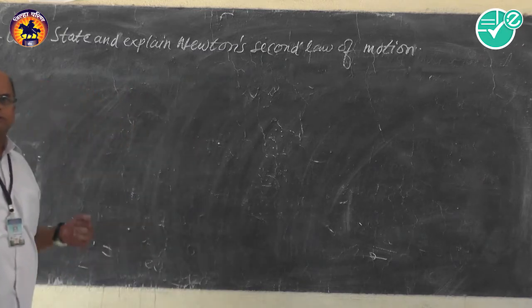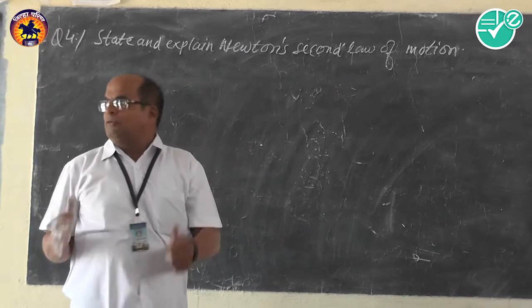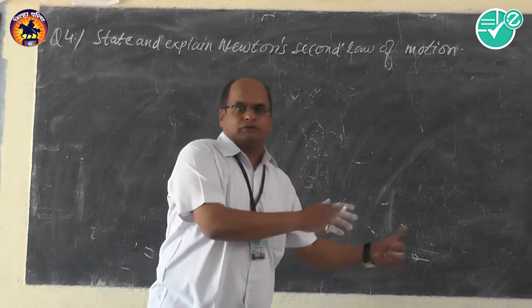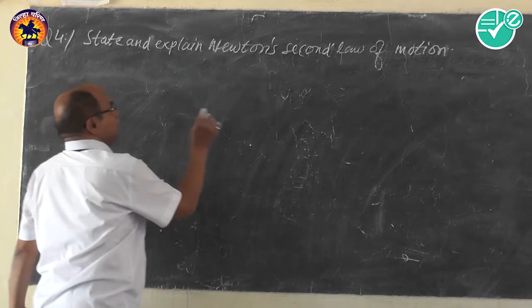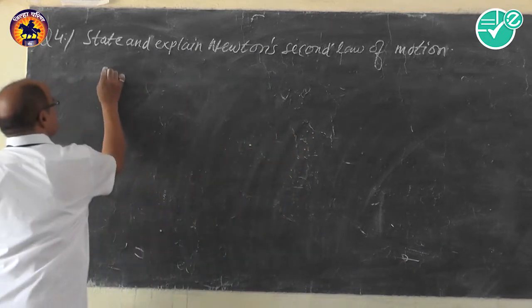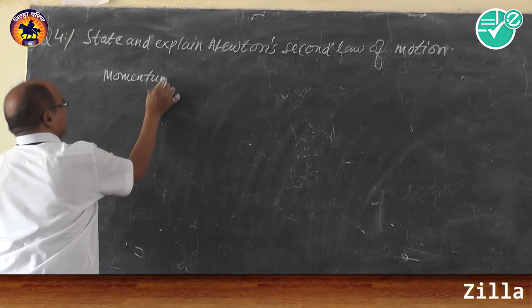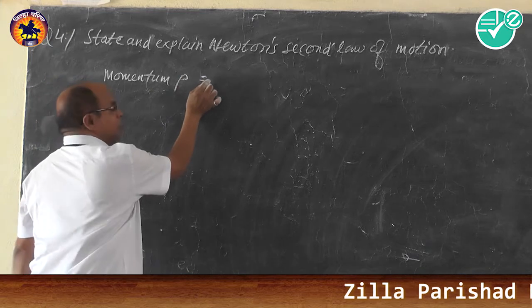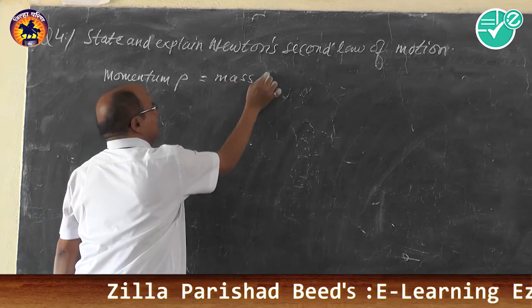According to Newton's second law of motion, there is a relationship between momentum and force. Basically, momentum is denoted by P, and it is the product of the mass of the body and velocity.